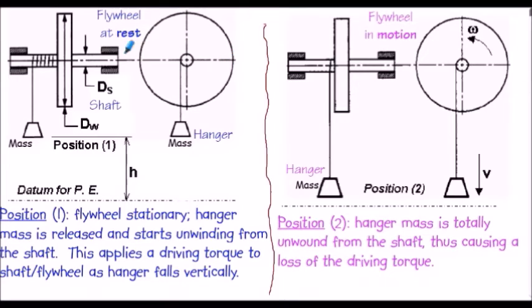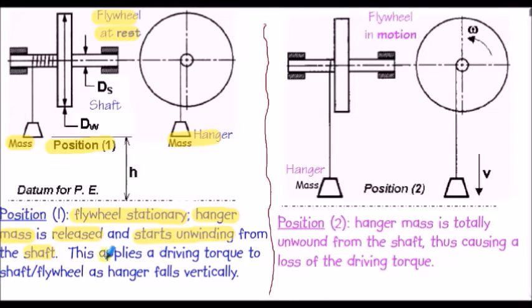So let's consider the experiment and applying an energy balance. We will consider position 1, where the flywheel is stationary, flywheel is at rest, and the hanger mass is released, hanger mass shown here, and starts unwinding from the shaft.